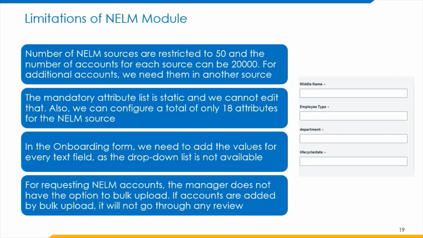In the onboarding form, we need to add the values for every text field as the drop-down list is not available. For requesting NELM accounts, the manager does not have the option to bulk upload. If any accounts are added by bulk, they will not go through any reviewer process.